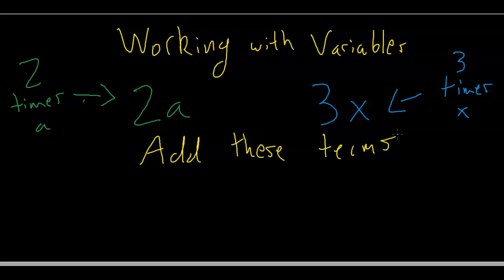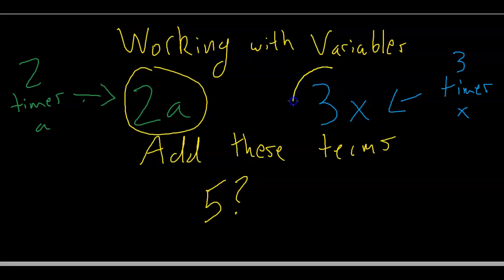So your first instinct might be to say, okay, the answer is 5 something, right? But 5 what? 5a? It can't be 5a because we only have 2 a's, right? 2 times a means we have 2 a's. It can't be 5x because we only have 3 x's, right?